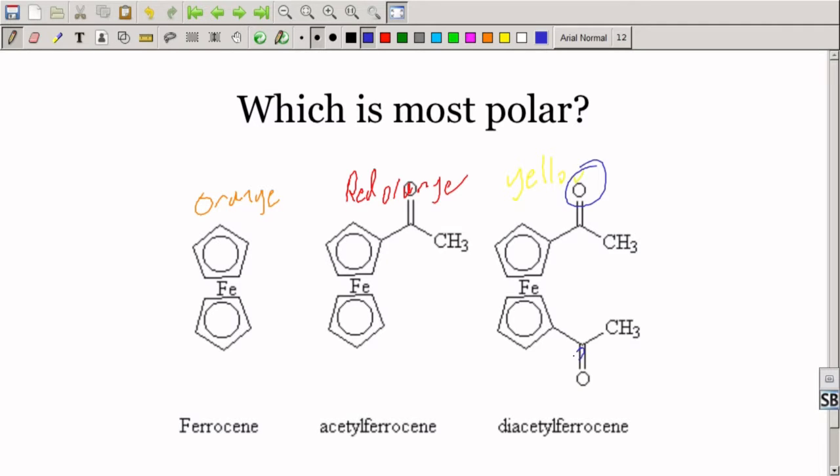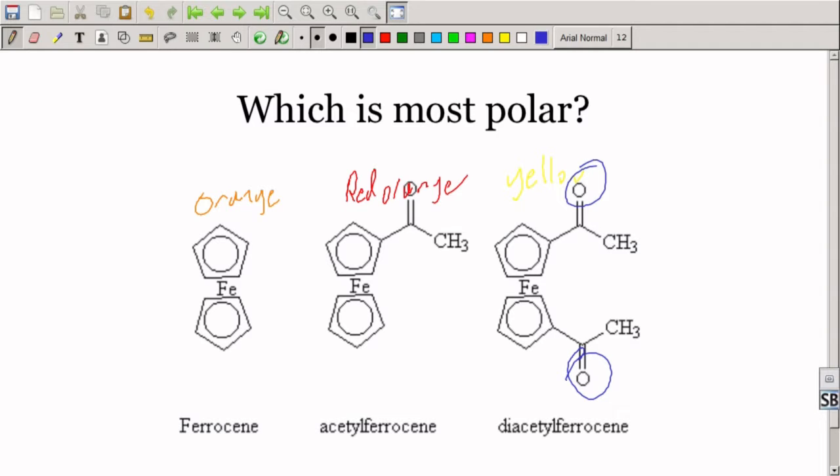More oxygens. That's the easiest answer to this. If you have a lot of oxygens in a compound, that compound is going to be more polar. There's no hydrogen bonding in these compounds, but the compound with more oxygen is going to be the most polar. The compound with no oxygens is going to be the least polar.